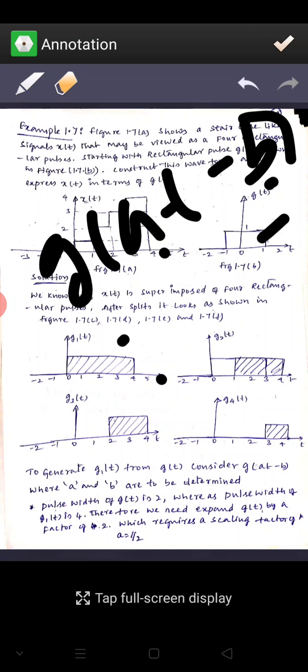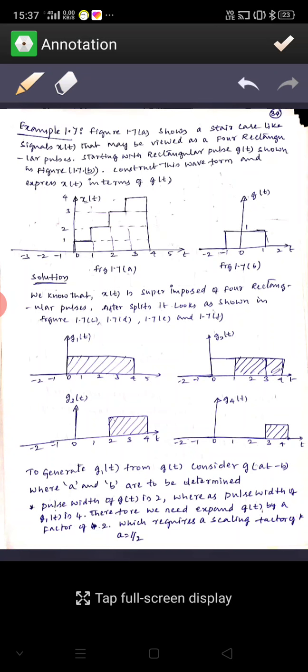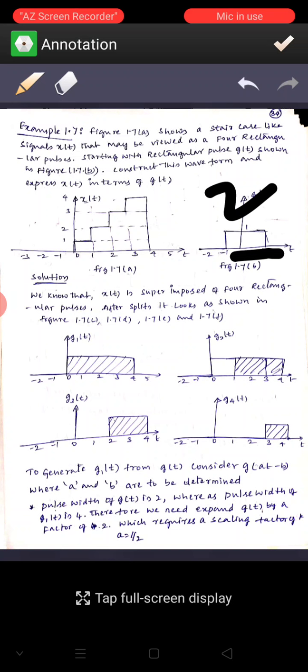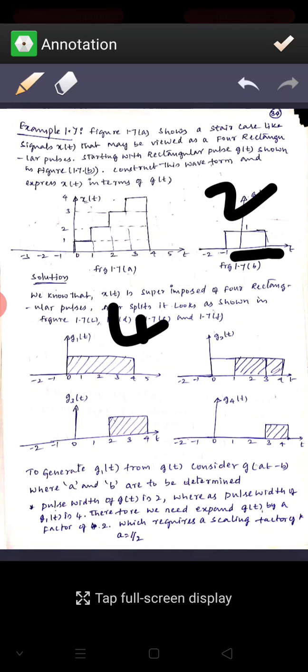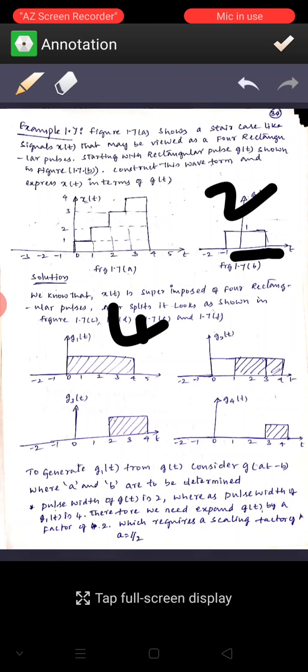By comparing, we can see that the pulse width of g of t is 2, whereas the pulse width of g1 of t is 4. This means that g1 of t is expanded compared to g of t.